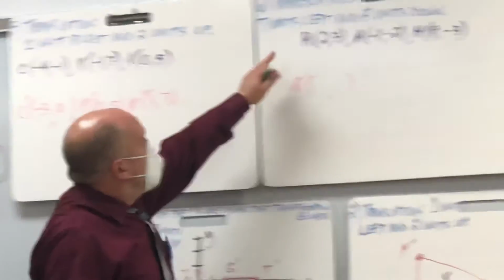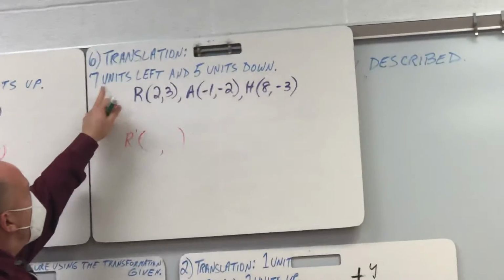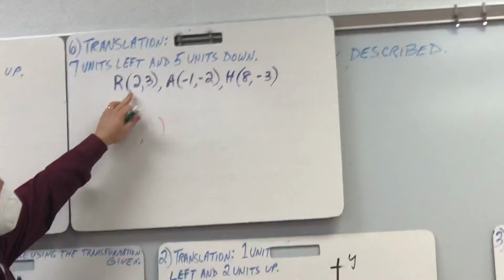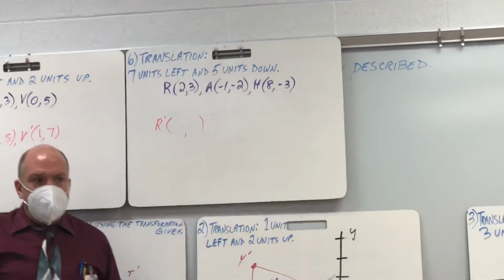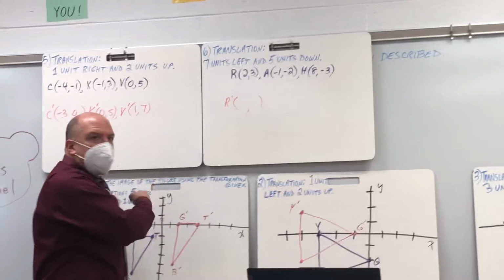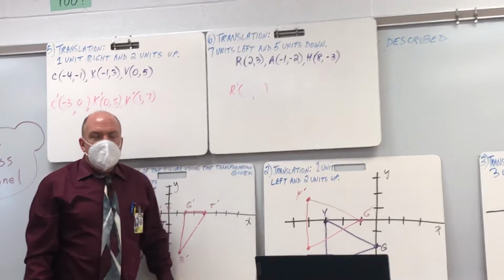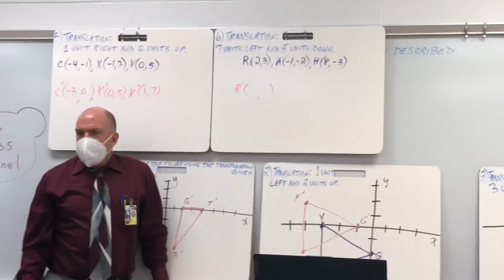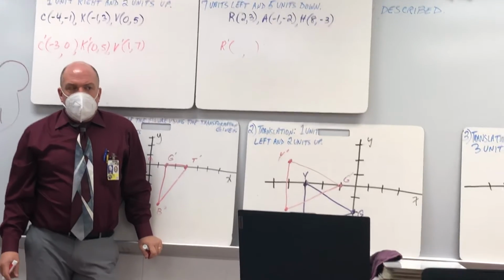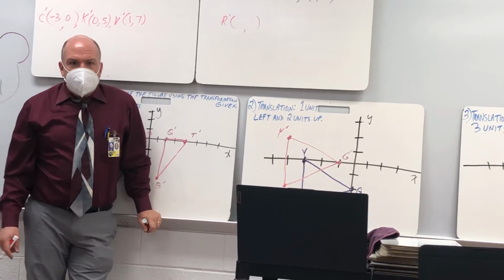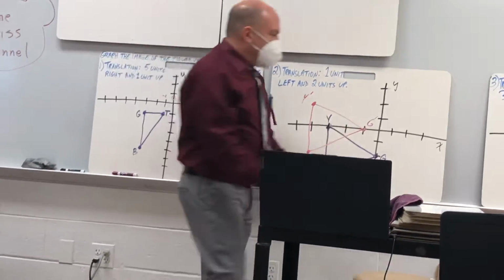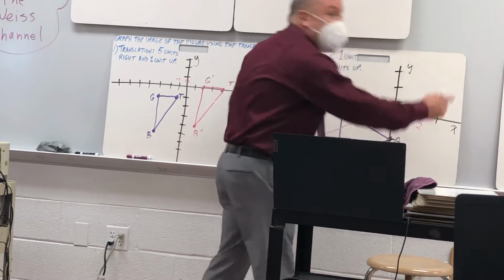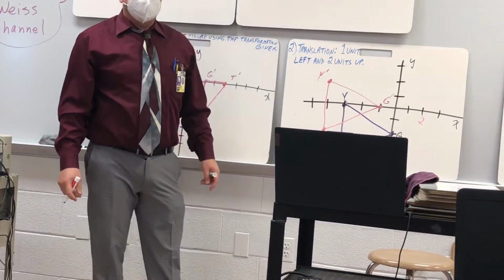What was wrong? Okay. Check this out. 7 units left. From +2, I'm going to the left 7. Where will I wind up? From +2, this is 2 here, -5. Kishana, was that you?